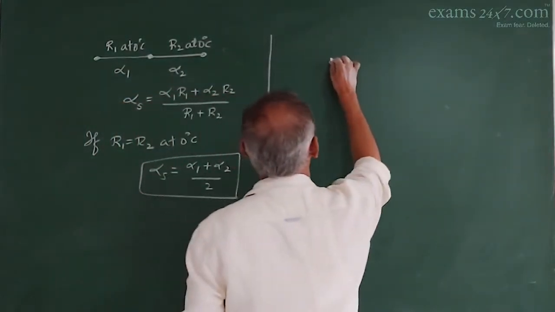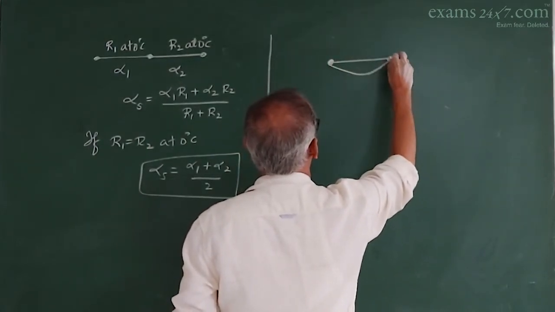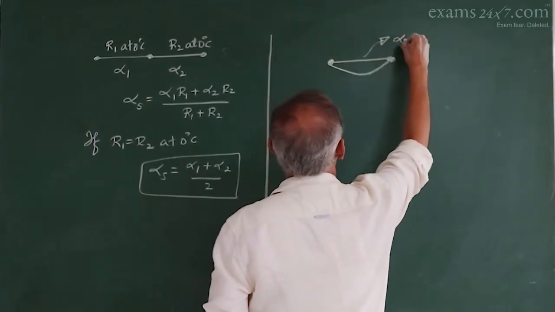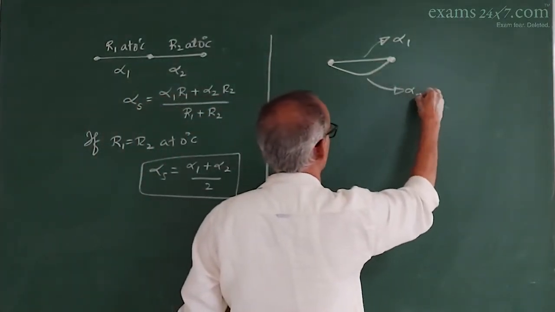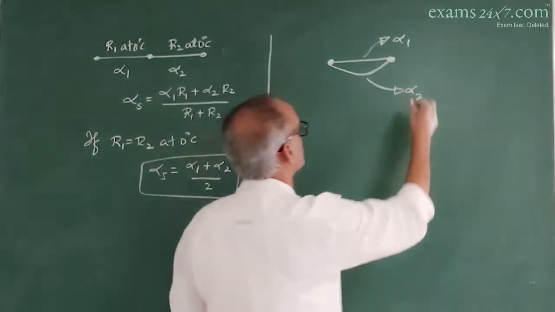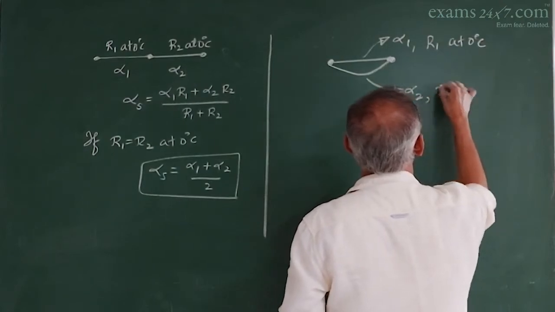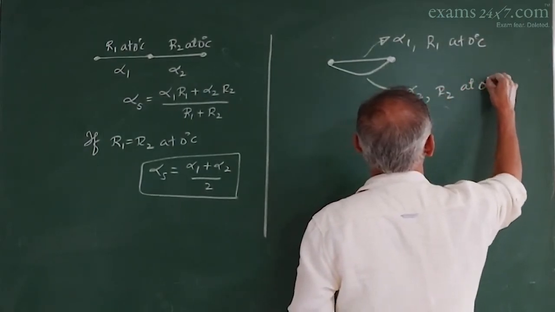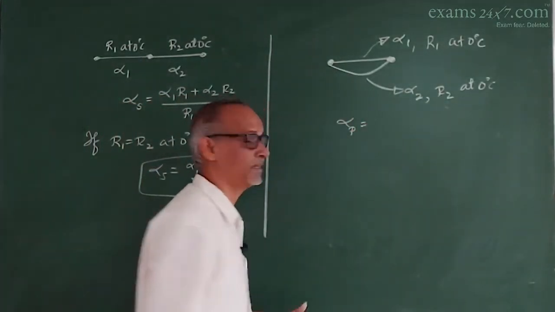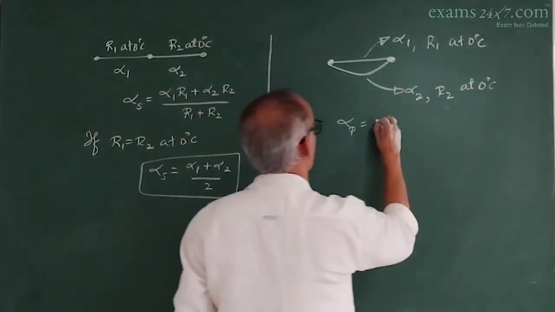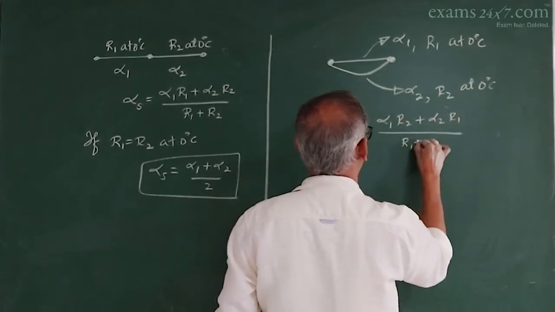Now if I take two wires connected in parallel, one material having alpha 1 as the temperature coefficient and the other having alpha 2, with the same condition, that is, R1 is the initial resistance at 0 degree centigrade and R2 is the resistance at 0 degree centigrade, then the effective temperature coefficient of resistance in parallel combination is given by alpha 1 R2 plus alpha 2 R1 by R1 plus R2.